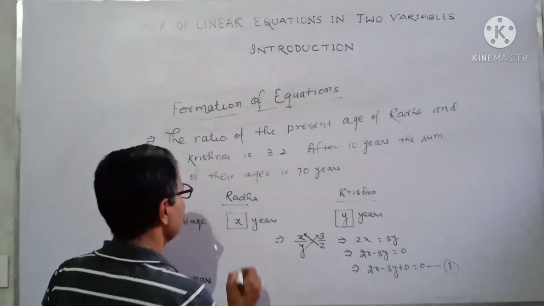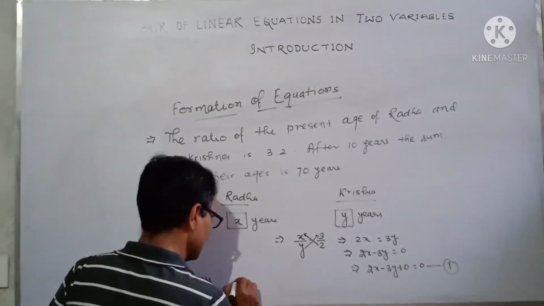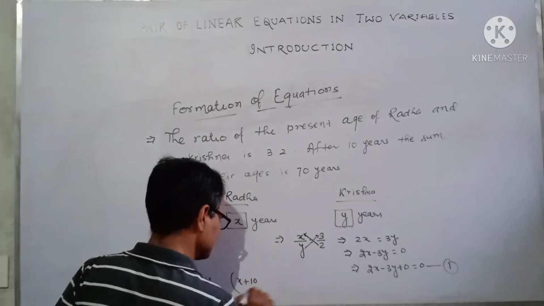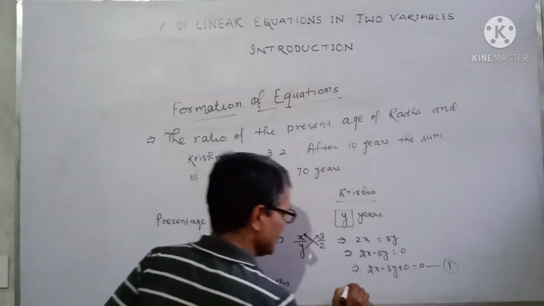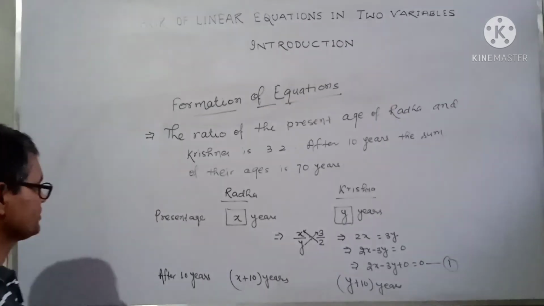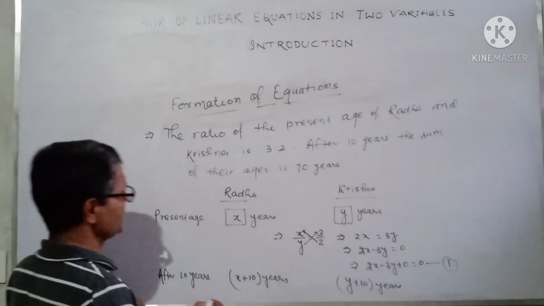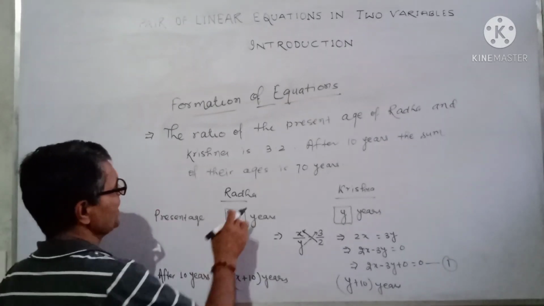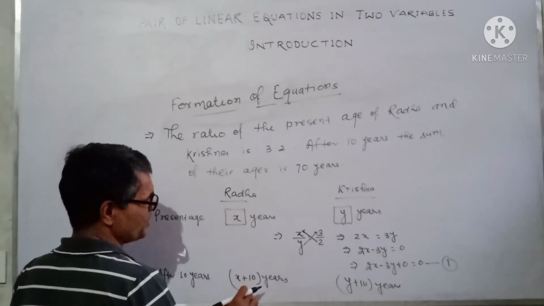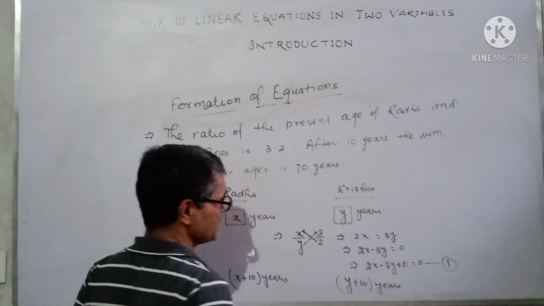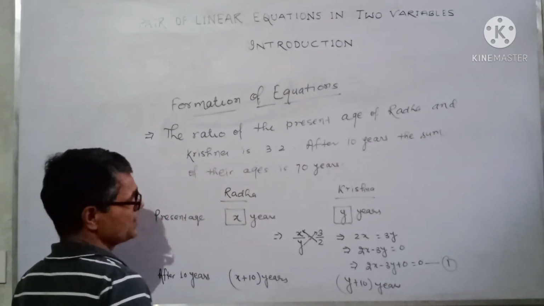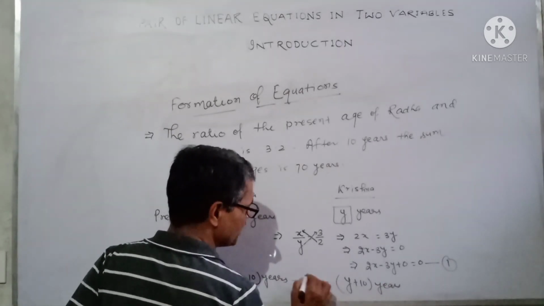Hence, after 10 years, the age of Radha will be x plus 10 years and the age of Krishna will be y plus 10 years.